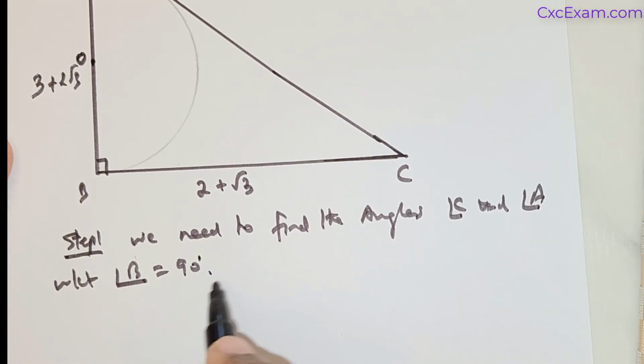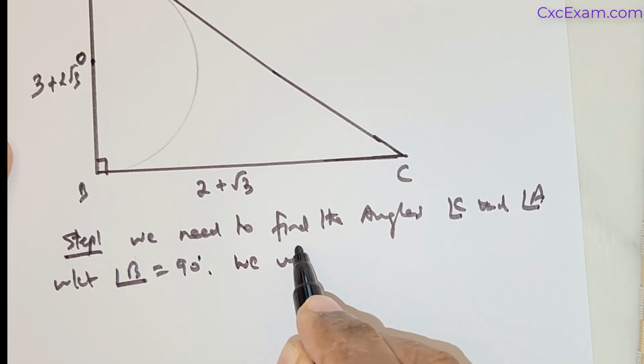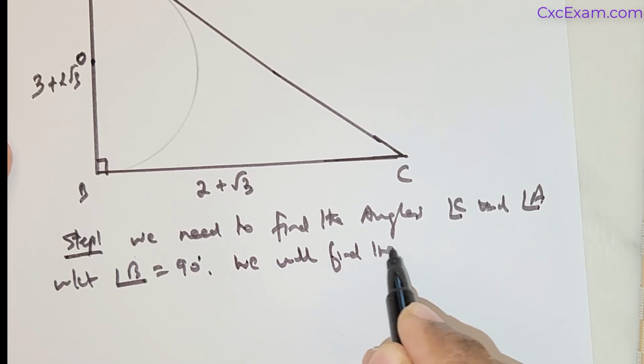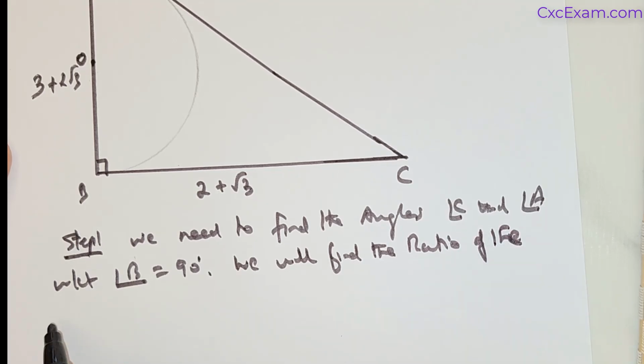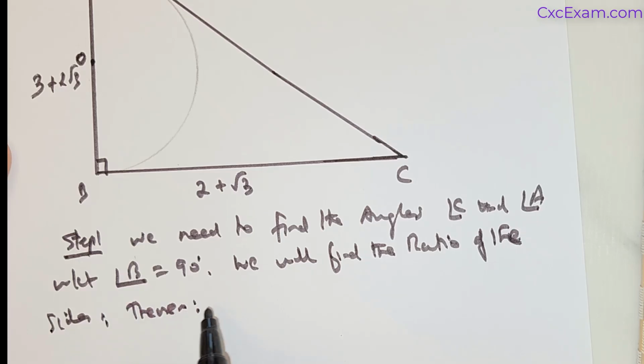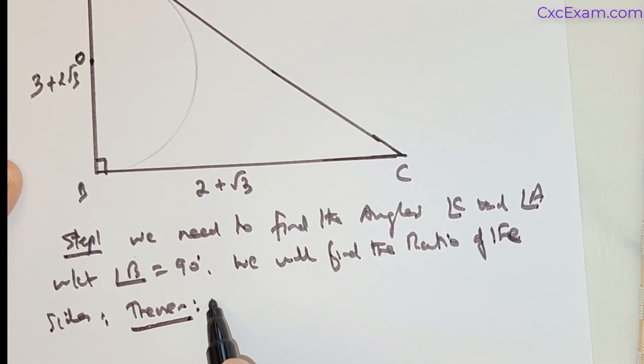For that, what we will do is we will find the ratio of the sides. Now I'm going to use this theorem for right triangles.